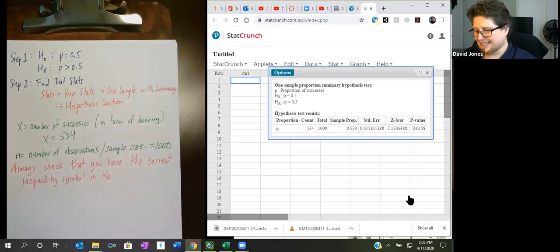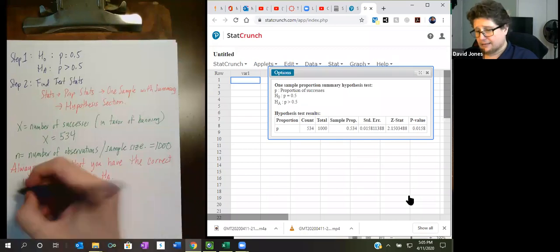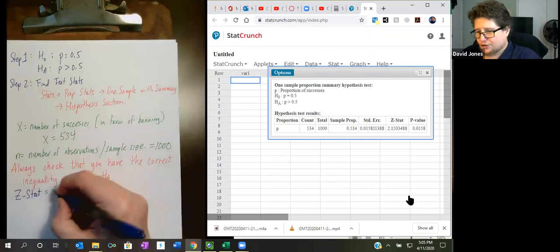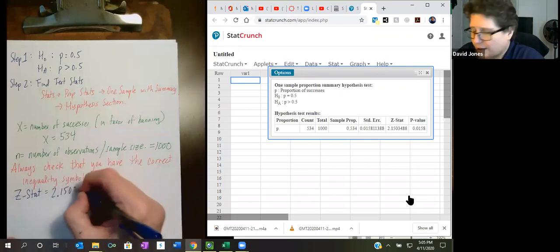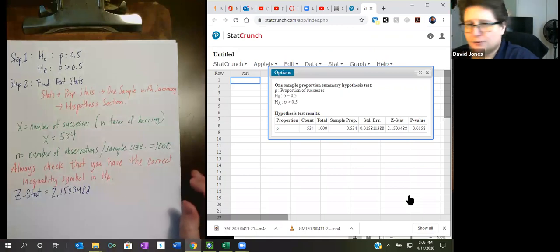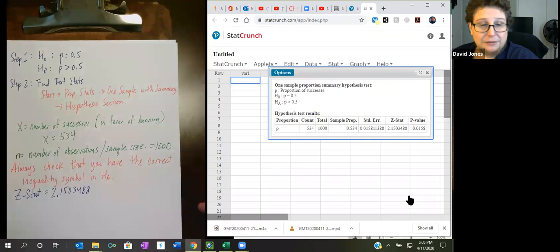The test statistic, it shows Z-stat is 2.1503488. If you're putting it in a research paper, there's no need to really round unless you feel you need to. We could round that to 2.15.